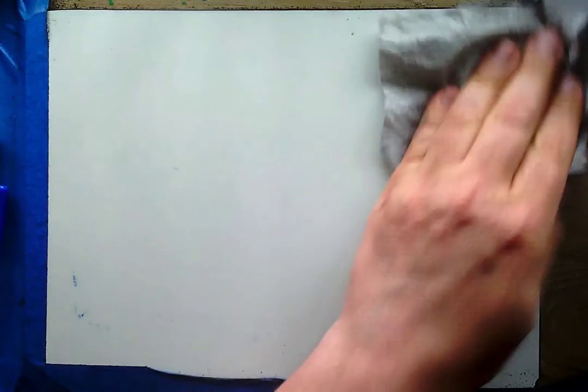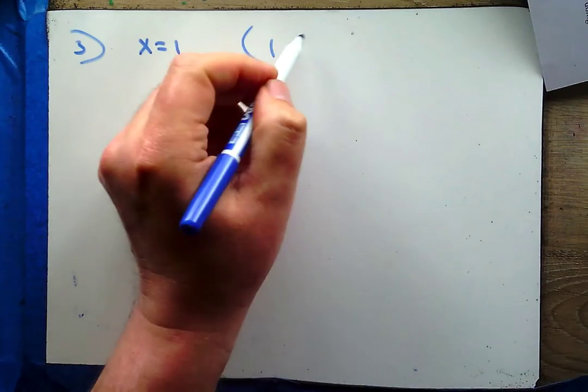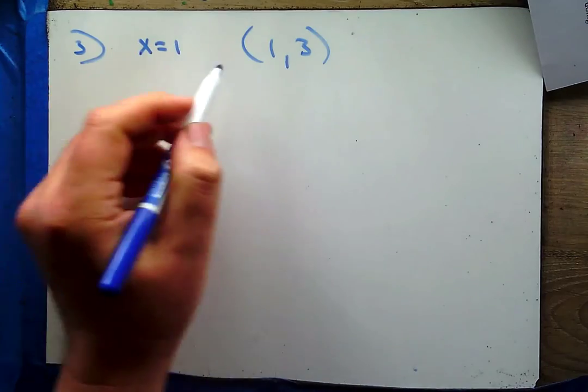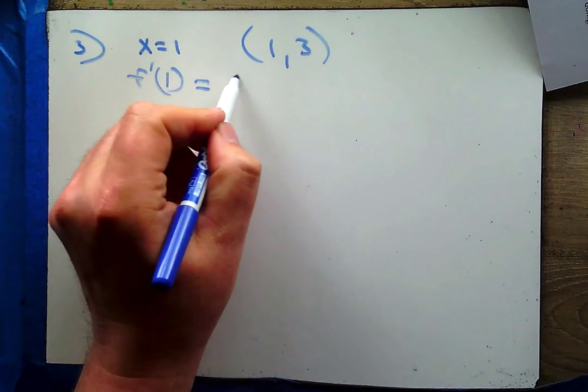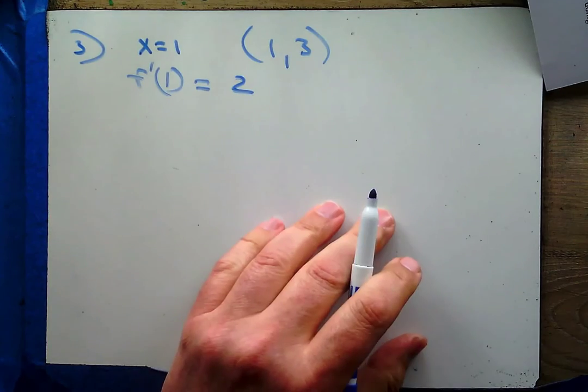What about question 3? Find the equation of the tangent line at x equals 1. So (1, 3) is our ordered pair. And f prime of 1, well, we just did that twice and came up with 2.